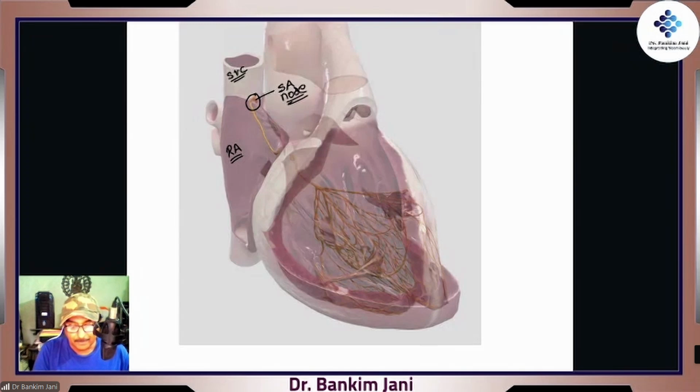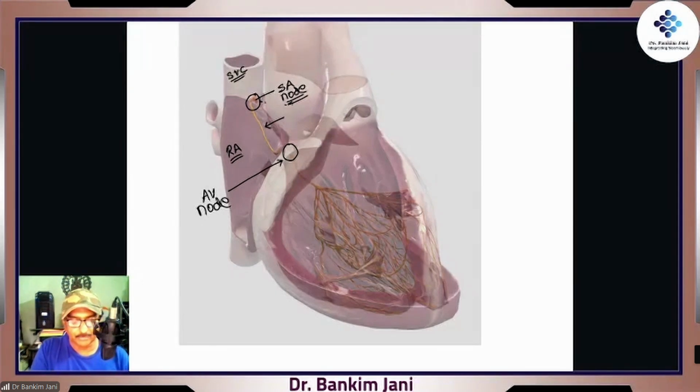And then over here, that one is the AV node, right? At the junction of atria and ventricle. So here is the communication between SA node and AV node. This SA node is on the right side, so there would be one branch going to the left atrium.